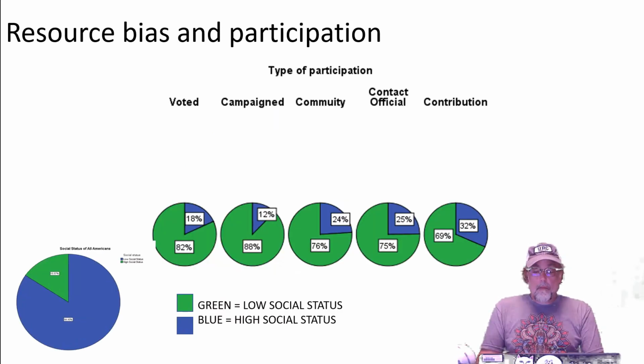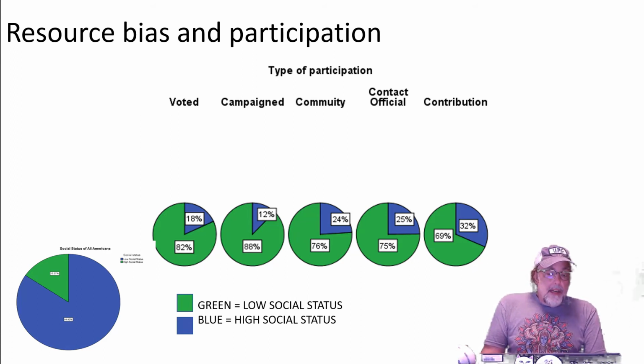What we're looking at here is the relationship between the resource bias and participation. So we have different types of participation: voting, campaigning, taking part in a community meeting, contacting an elected official, and making a contribution. So we go from low cost forms of participation, voting, to making a contribution, the highest cost that we have here as a measure.